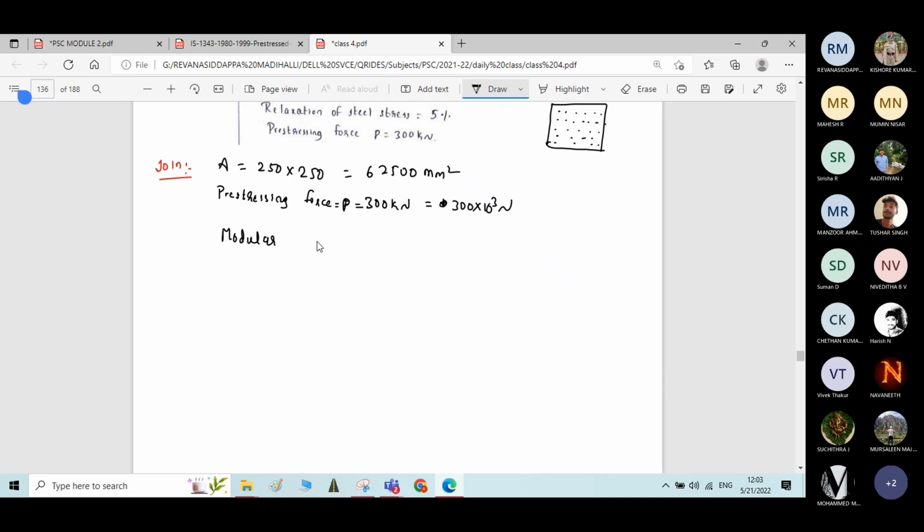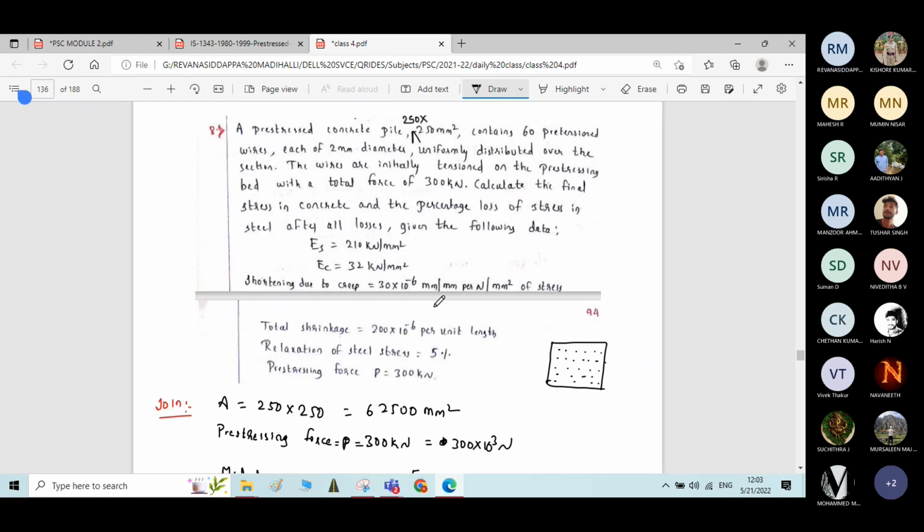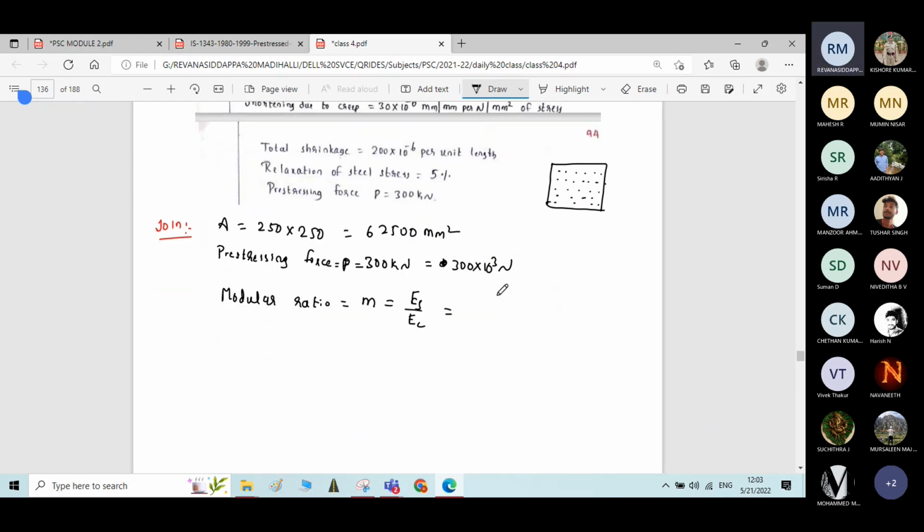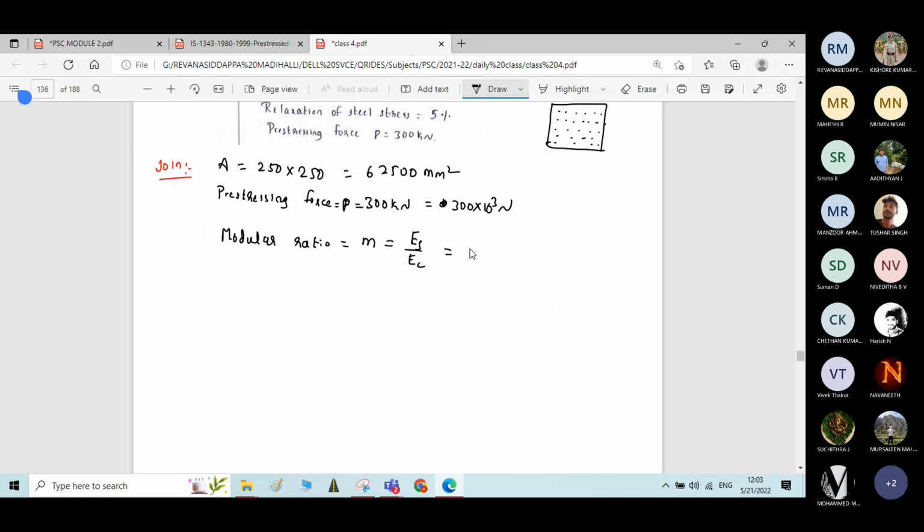Modular ratio M is equal to Es by Ec. Young's modulus of steel is 210 by 32. You will get 6.57 as the modular ratio.